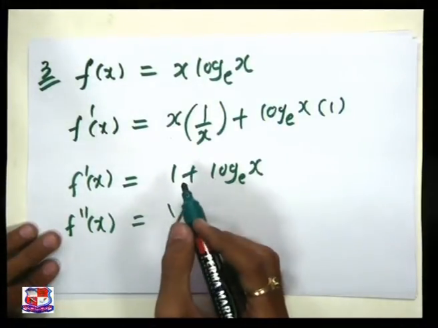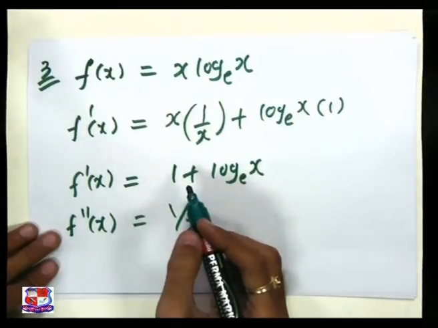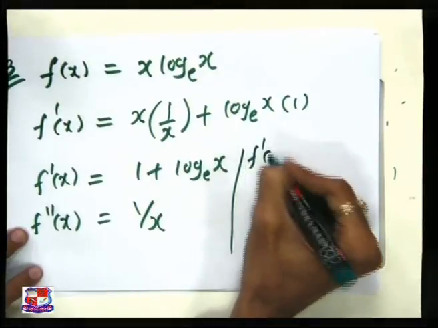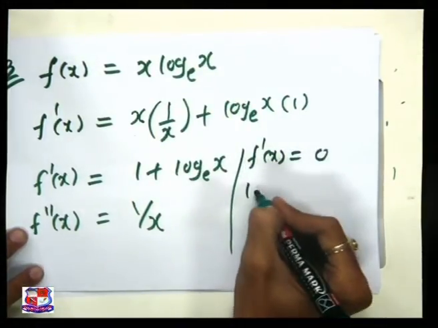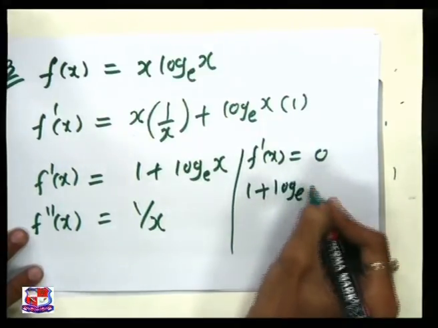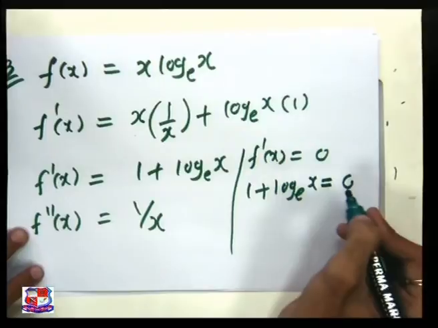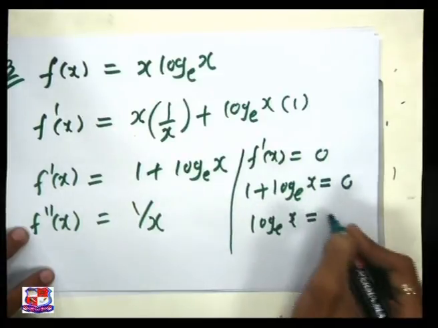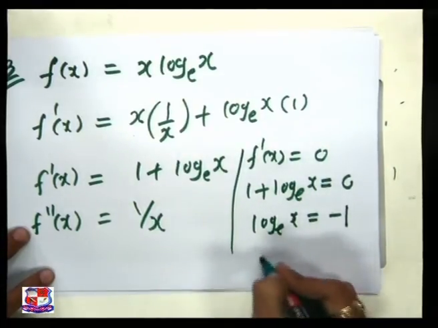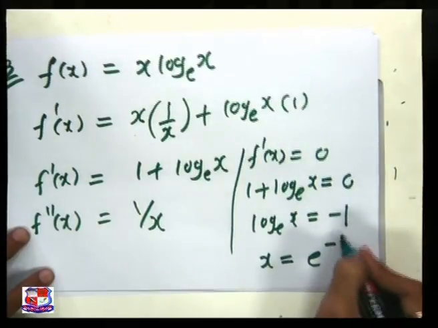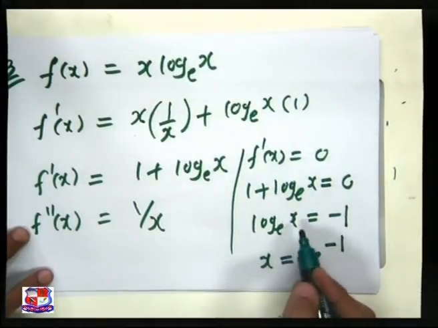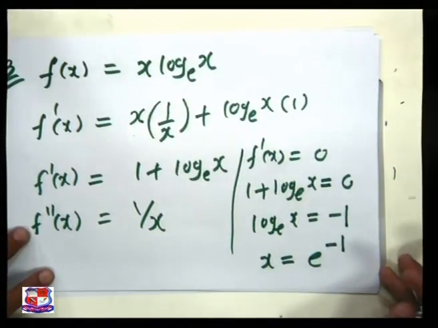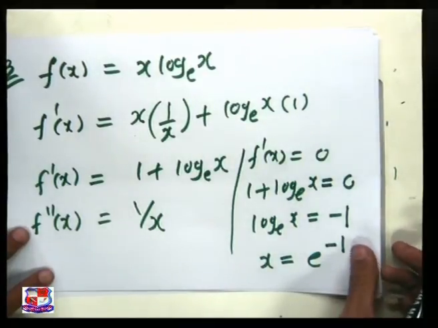So now for the critical points we will take f dash x is equal to 0, right? So if we take f dash x is equal to 0, then 1 plus log x to the base e is equal to 0, so log x is equal to minus 1, so x is equal to, directly by using the definition of logarithm, x is equal to e raised to minus 1, that means x is equal to 1 by e.